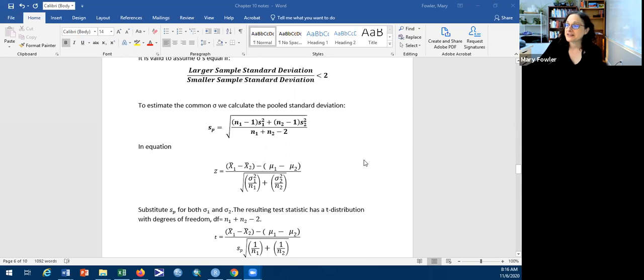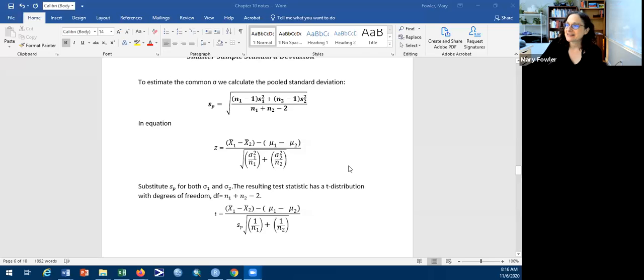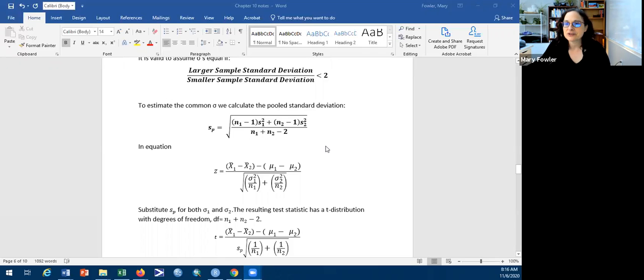If we're in this situation, then we need to form a test statistic for the hypothesis test, and here it is, this T statistic. It has a couple of parts. The first thing is that since we've assumed that the standard deviations are equal, we are going to pool S1, the sample standard deviation from sample 1, and S2, the sample standard deviation from sample 2.